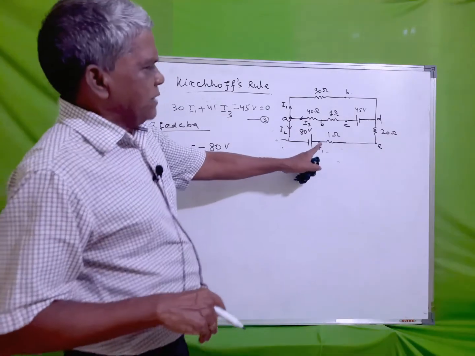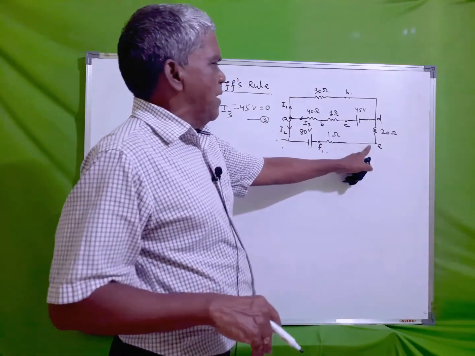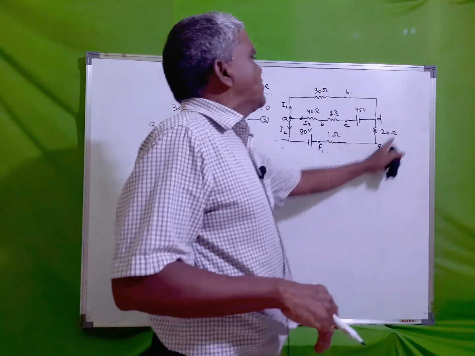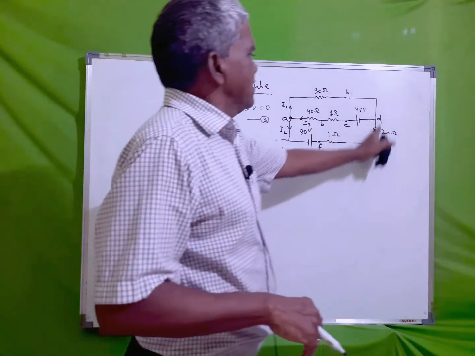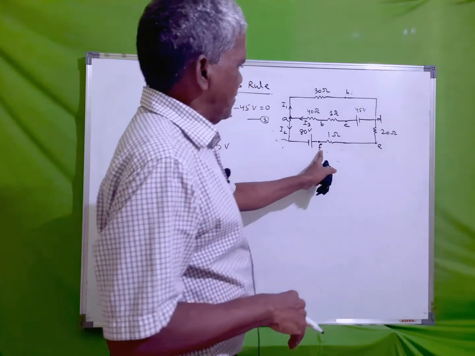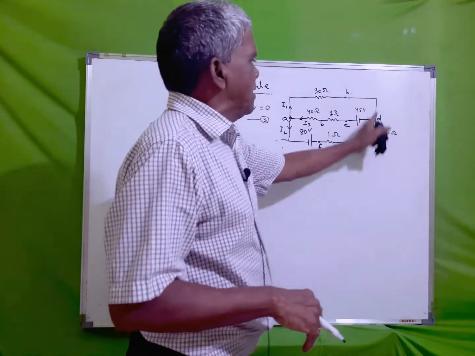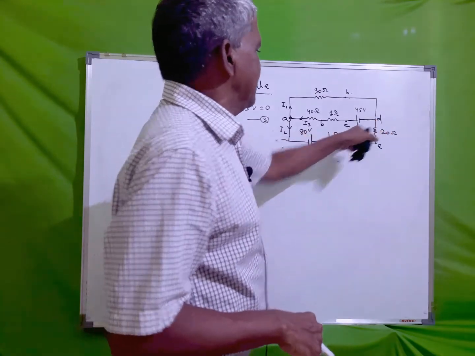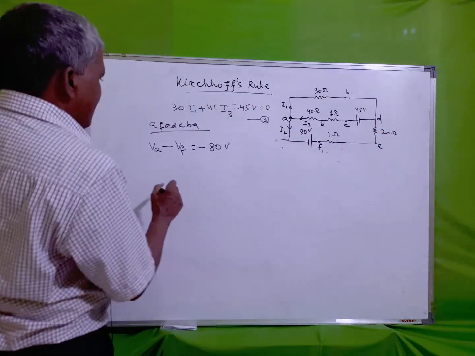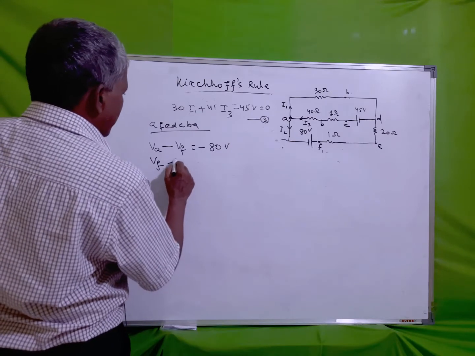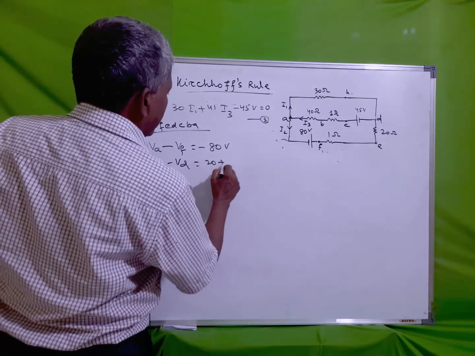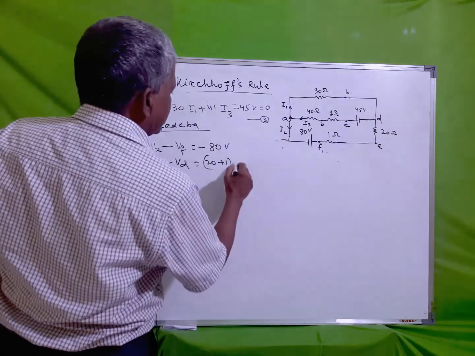Now taking the path from F to E 1 ohm, E to D 20 ohm, current I2 is the same. As current is moving from F to D, F is at higher potential and D at lower potential. So VF minus VD is equal to 1 plus 20, 21 I2.